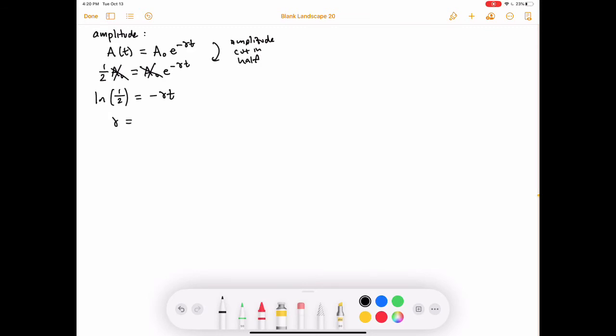So gamma is minus natural log 1/2 over t, and in this case, we have to put in the time it takes, which is 5 minutes. So we have minus natural log 1/2 divided by the time, which is 5 minutes. 5.0 minutes is the same as 5.0 times 60 seconds.